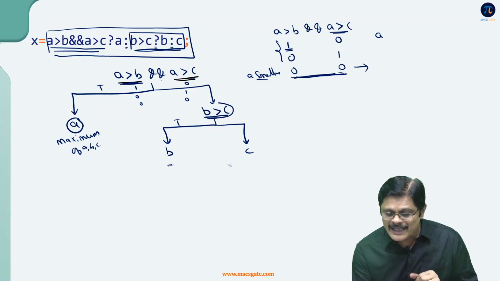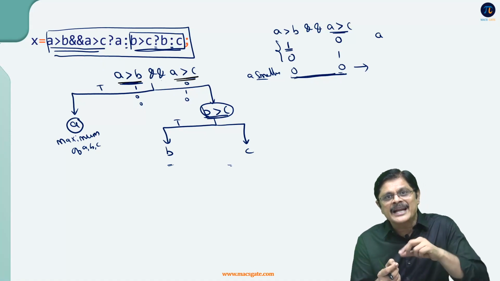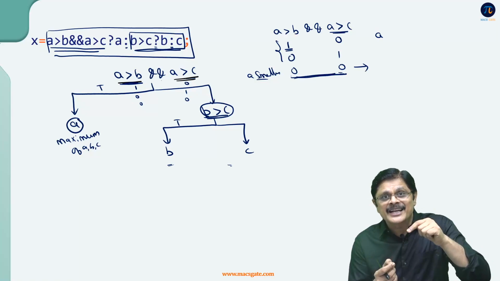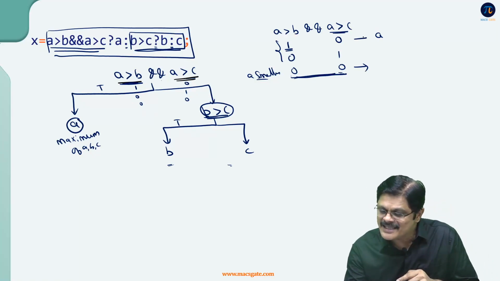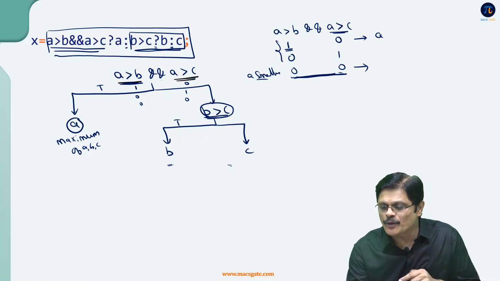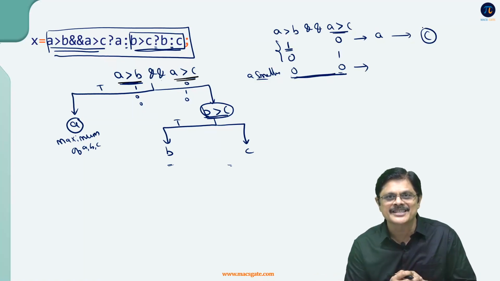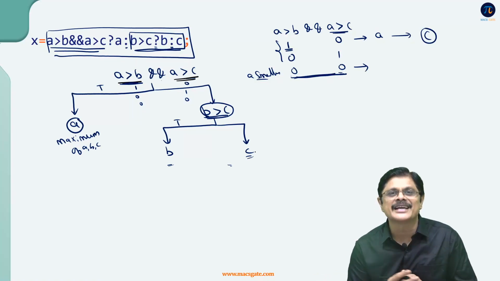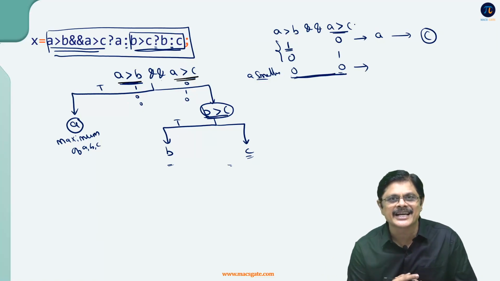When you compare b greater than c, obviously c will be larger, because b is smaller than a and c is larger than a. So c will be dominating, and ultimately c will be the largest number.